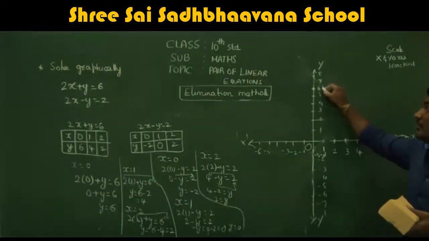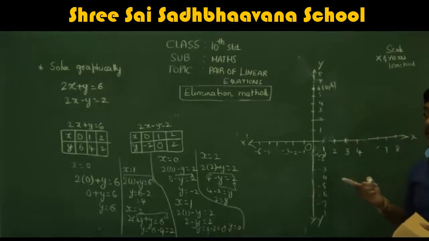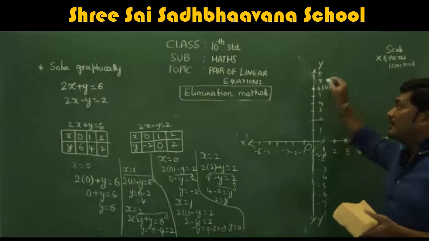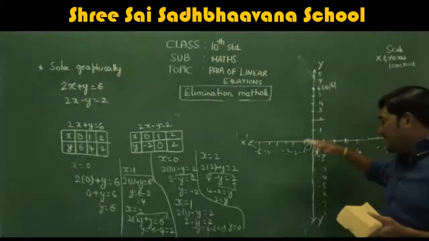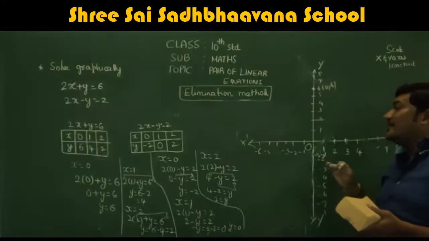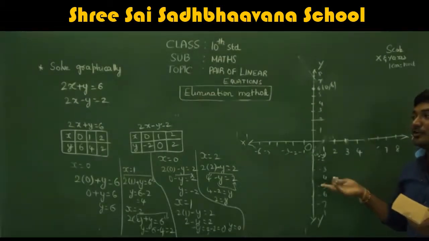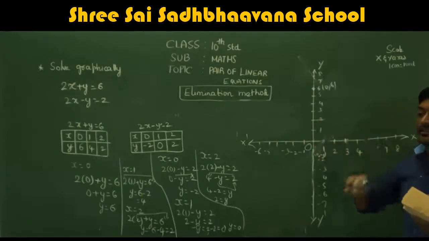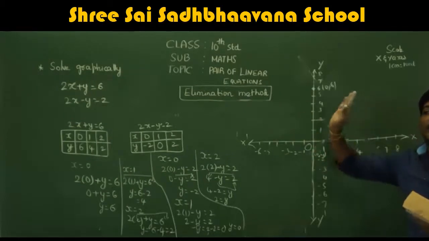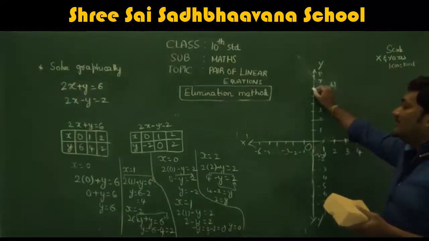If the y coordinate is positive, it lies on the positive y-axis. If the y coordinate is negative, it lies on the negative y-axis. Similarly, if the y coordinate is 0, then it lies on the x-axis, depending on the x value: if x is positive, it lies on the positive x-axis, and if x is negative, it lies on the negative x-axis. So 0, 6 is here.